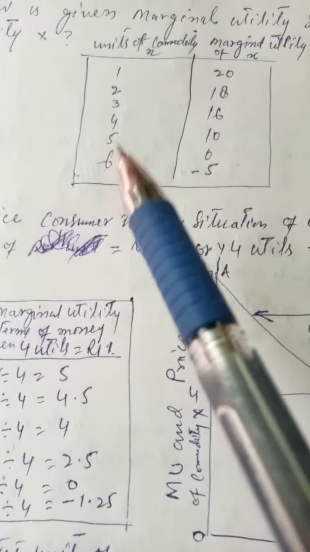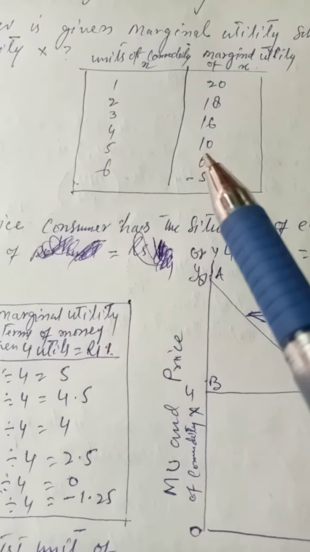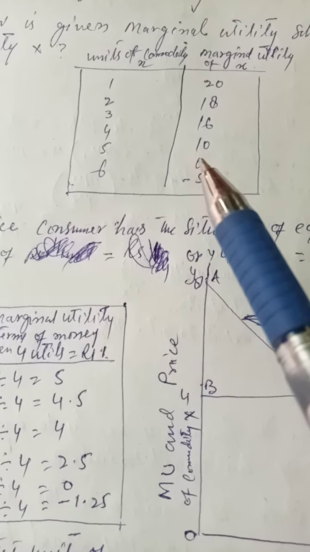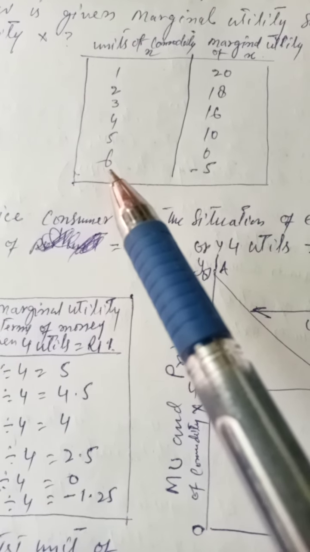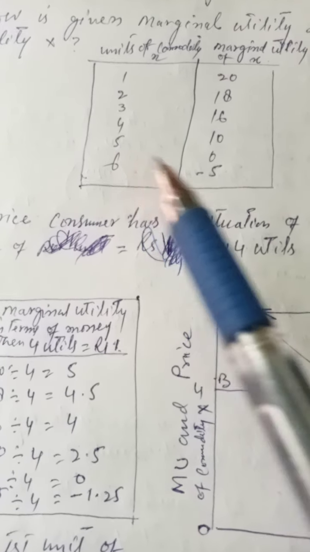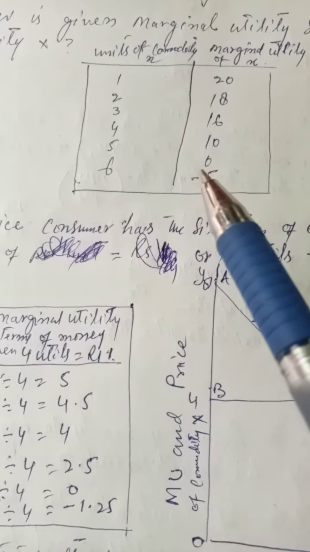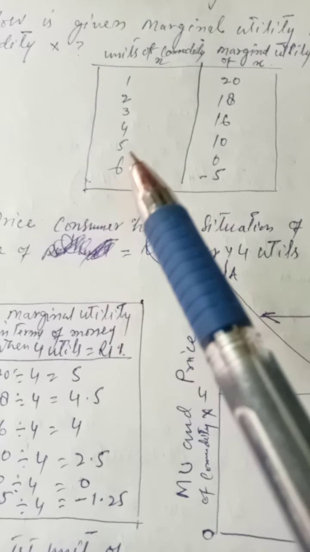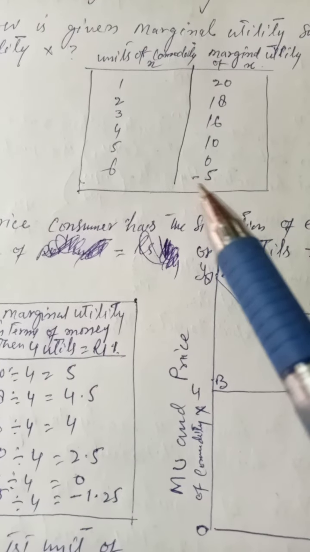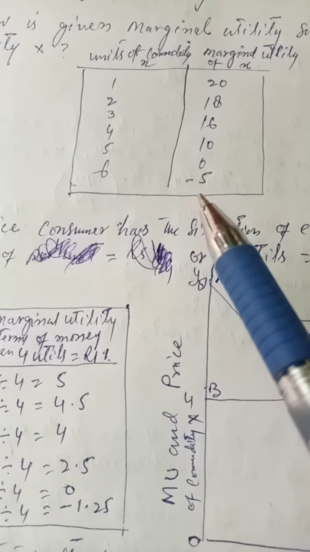When we consume the fourth unit, marginal utility goes down, it comes to 10. When we consume the fifth unit, marginal utility becomes 0. And when we consume the sixth unit, marginal utility becomes -5.